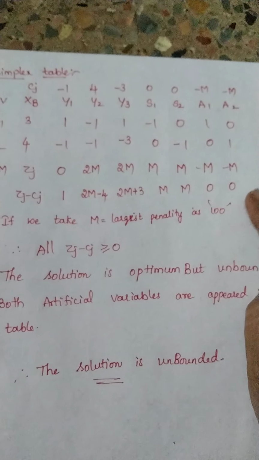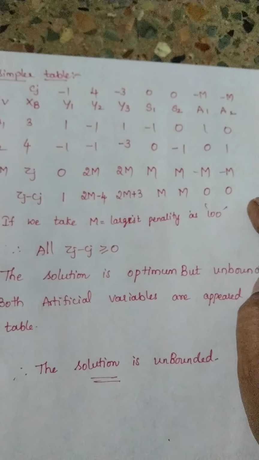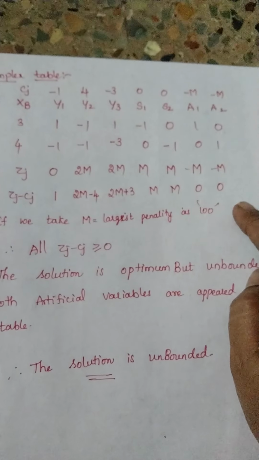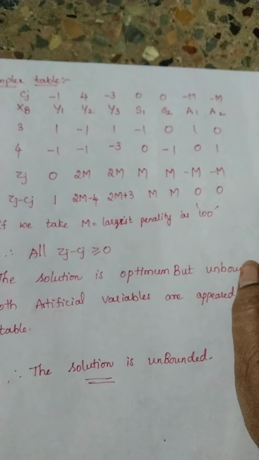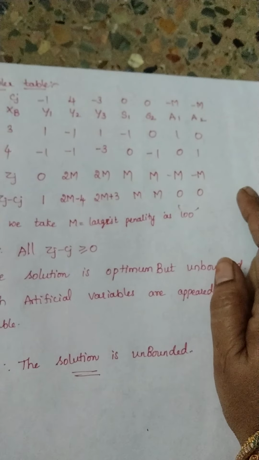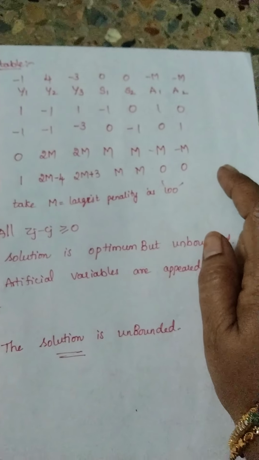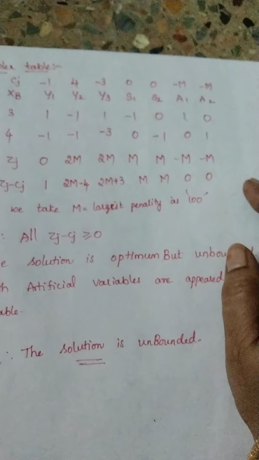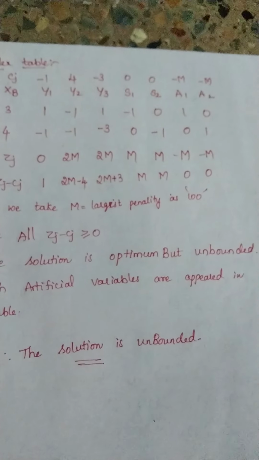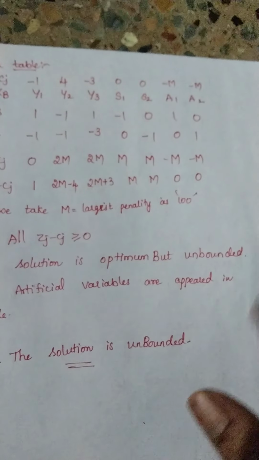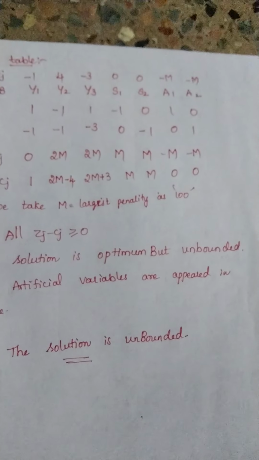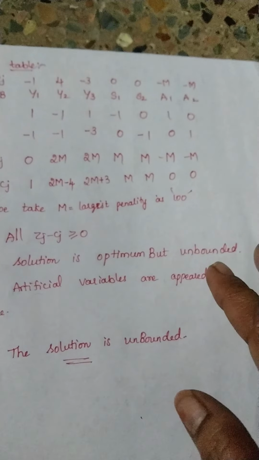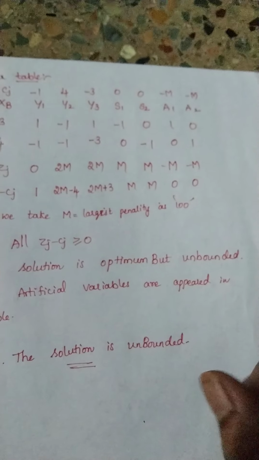So, M is taken as the largest penalty, as we are using the big M method. We take the values for the artificial variables as minus M if the objective function is maximum. If the objective function is minimum, we take the coefficients of artificial variables as plus M. That you have to remember.